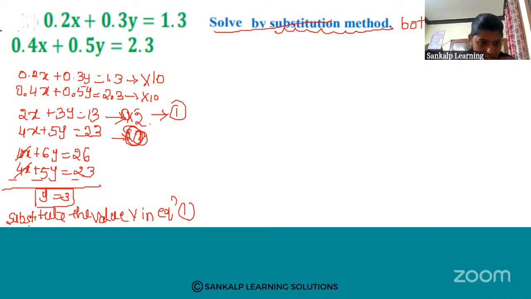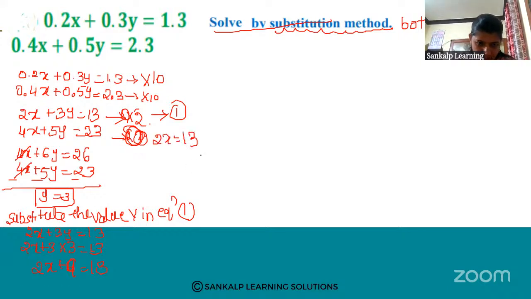Equation number 1 is 2x plus 3y is equal to 13. Right? 2x plus 3 into y value is 3 is equal to 13. 2x plus 3 into 3 is 9 is equal to 13. So 2x is equal to 13.